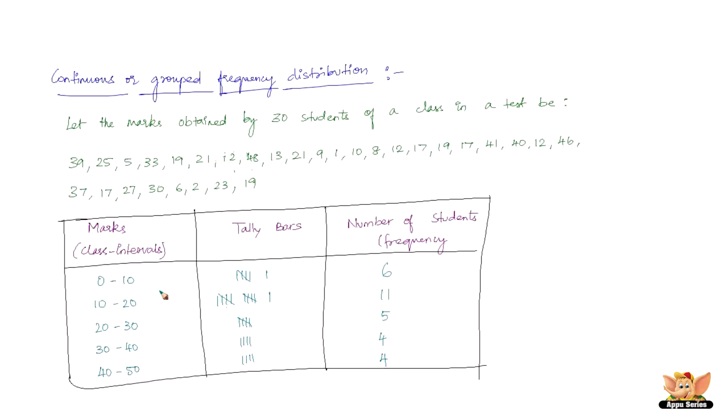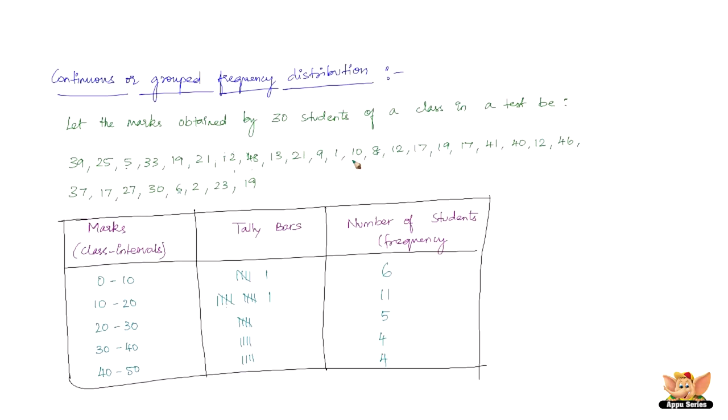Now let me quickly show you an example to distinguish the exclusive method and inclusive method in the next sheet. And a quick clarification here. I was counting 10 for the class interval 0 to 10, but it is not included, because if you see, we've got 5 here, which is 1, and then 9 here, which is 2, 1, which is 3, 8, which is 4, 6, which is 5, and 2, which is 6.